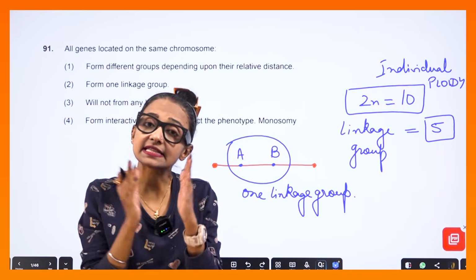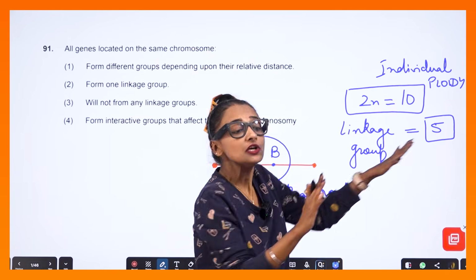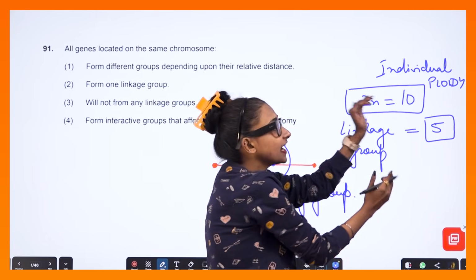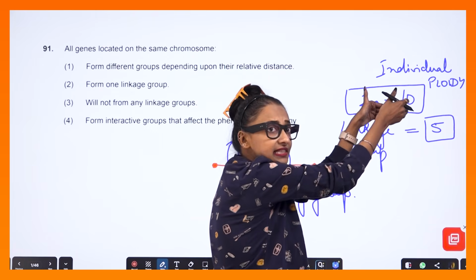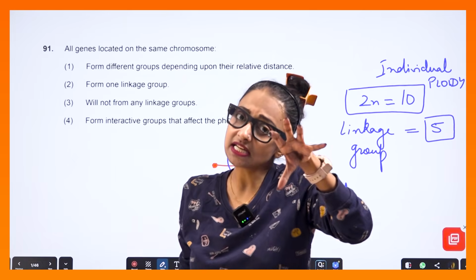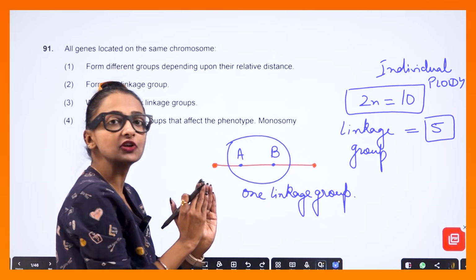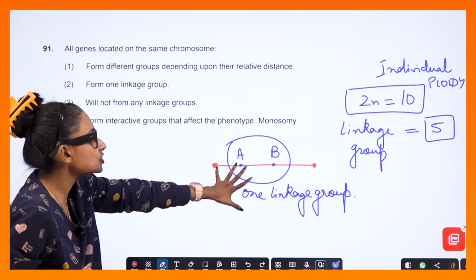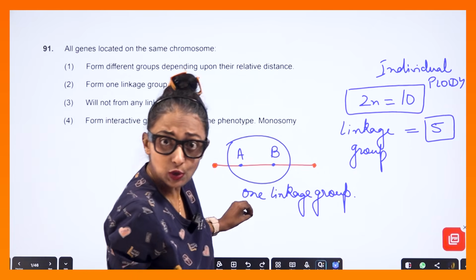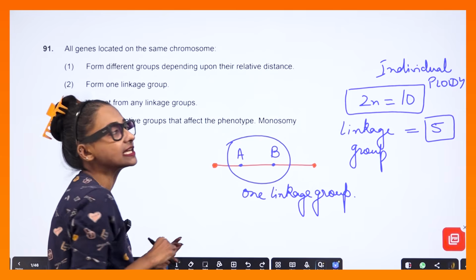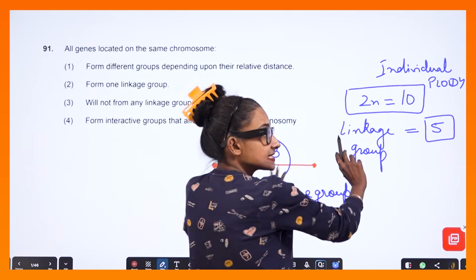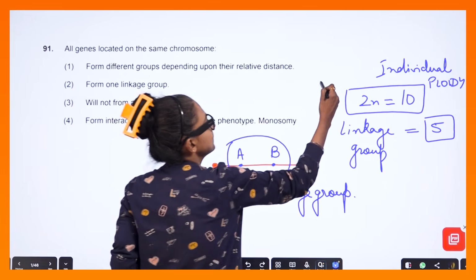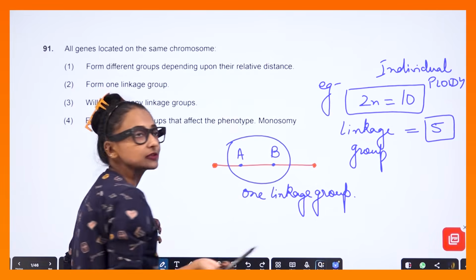How are we getting this 5? We consider all the genes, and we get 5 because all the genes are present in that particular chromosome. If there are two genes present in one chromosome, then that will form a linkage group. This is just an example of how to calculate a linkage group.